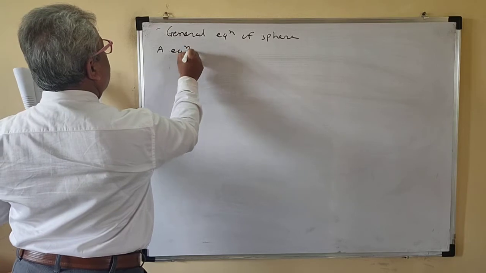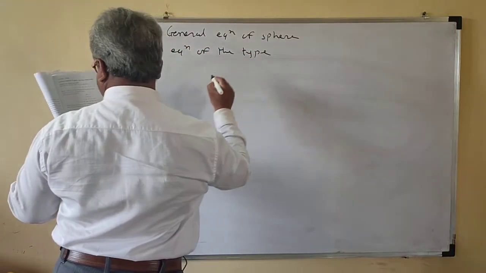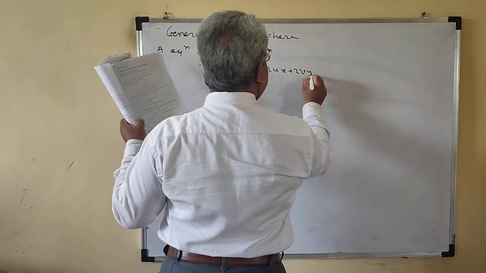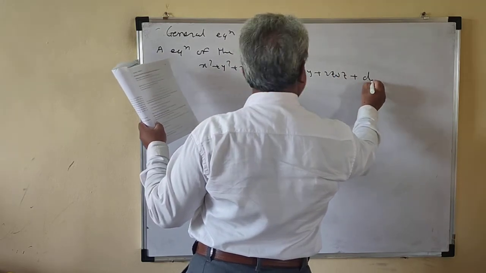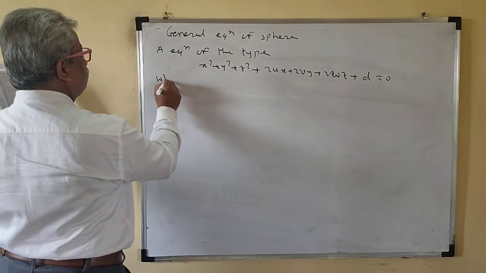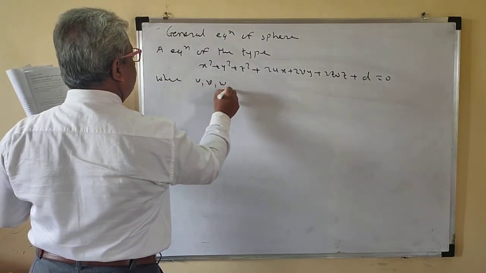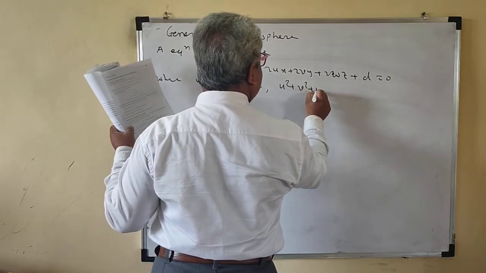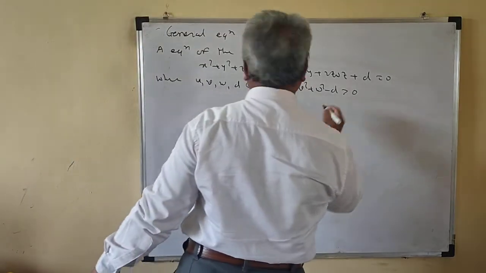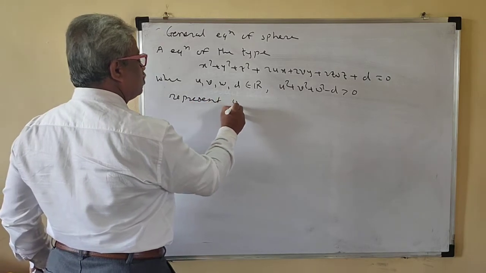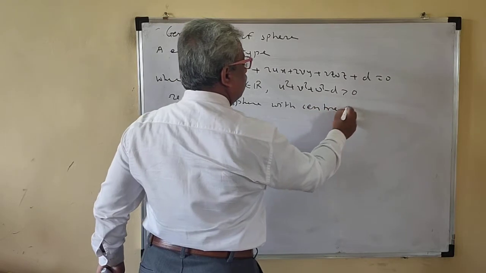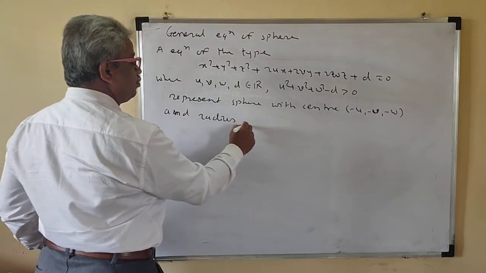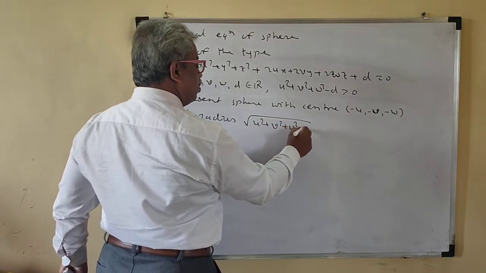An equation of the type x square plus y square plus z square plus twice ux plus twice vy plus twice wz plus d is equal to 0, where u, v, w, d belong to R, and u square plus v square plus w square minus d is greater than 0, represents a sphere with center (minus u, minus v, minus w) and radius root of u square plus v square plus w square minus d.